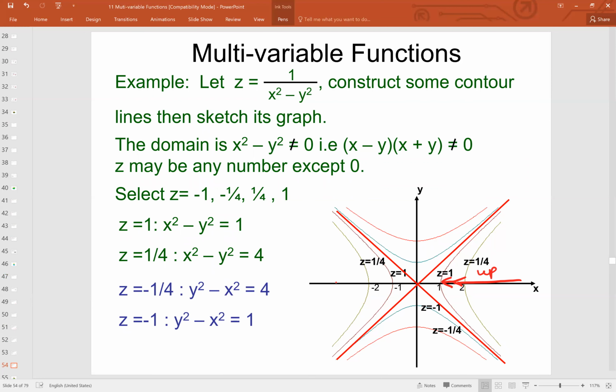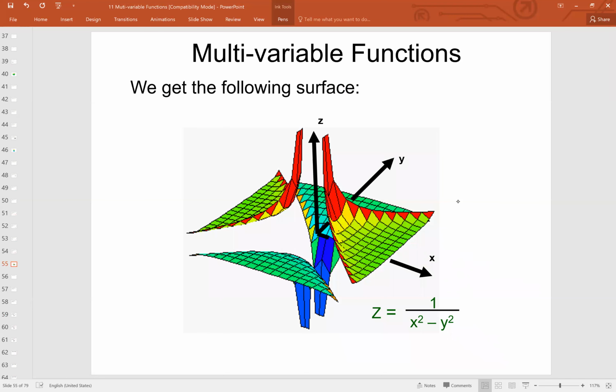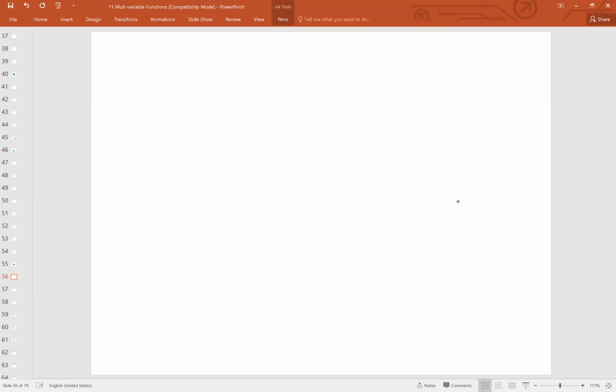This goes up, higher and higher. But if I'm coming in from these directions, z becomes more and more negative, this actually sinks, goes lower and lower. And from the other side too, the lower I go, into a chasm, a valley, except it has no end. So this is what the surface looks like.